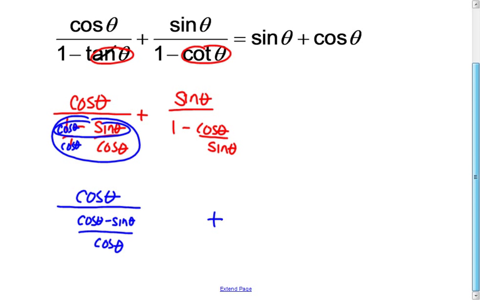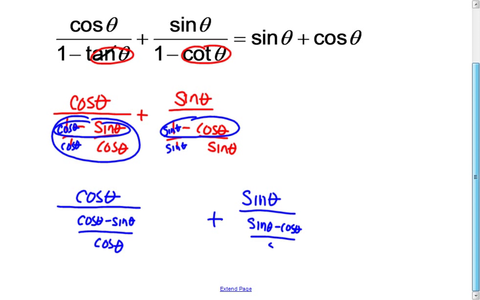Plus, and then over here, again, I am going to change this 1 over 1 right here into sine over sine so that I have common denominators. Okay, so then I will have sine on the top over sine minus cosine over my common denominator, which is sine.